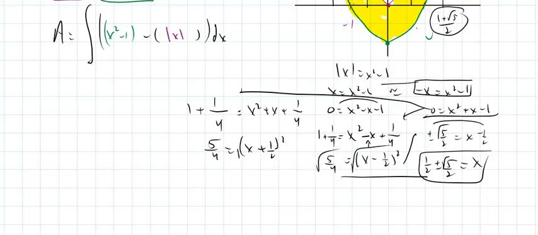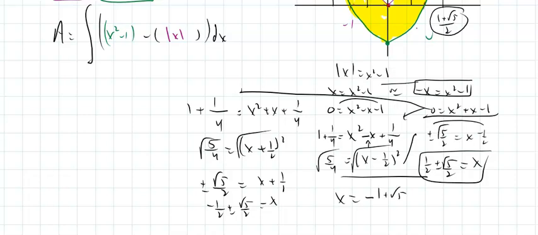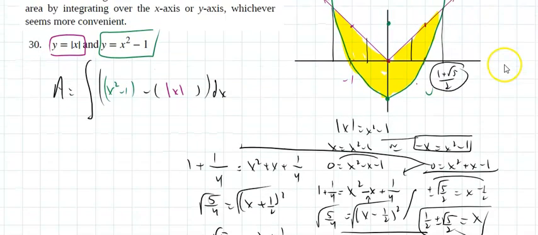And when you square it both sides, so x equals negative 1/2 plus or minus radical 5 over 2. Well, here I'm going to get x equal negative 1 plus radical 5 divided by 2, or negative 1 minus radical 5. There you go. So that point is negative 1 minus radical 5 divided by 2. I need it to be smaller than negative 1.